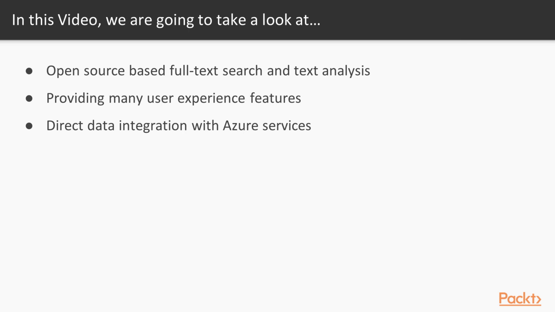The other great thing about Elasticsearch inside of Azure, unlike what you would get if you were to deploy it yourself, download it, and deploy your own VMs, is that there is direct data integration with specific Azure services for ingesting of data and creating your indexes on the fly and actually continually updating your indexes on the fly based on some of those services, and we'll talk about that. And I actually mentioned it briefly when we were going through the Azure SQL walkthrough. There is actually an item in Azure SQL that will allow you to integrate directly with Azure Search.